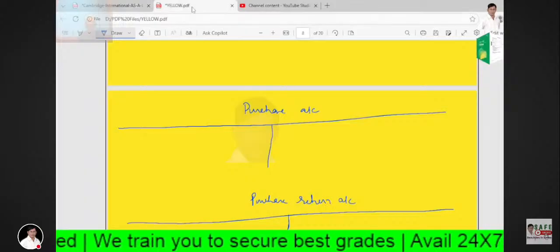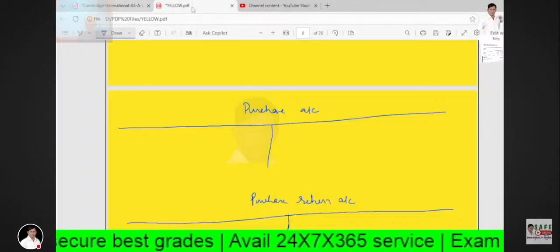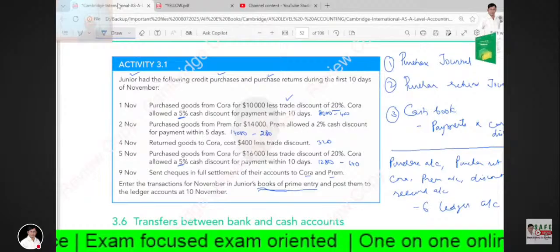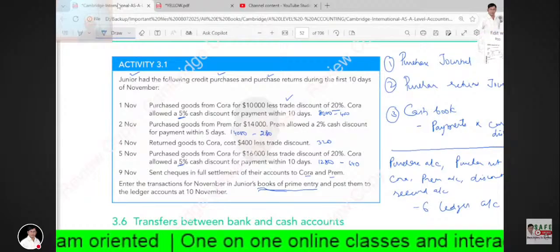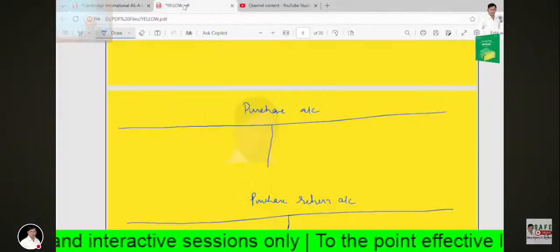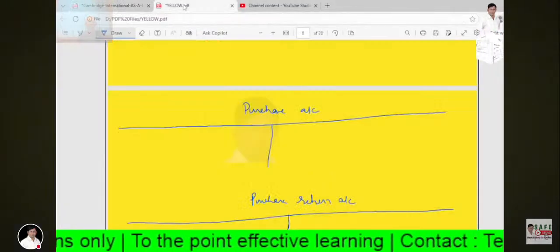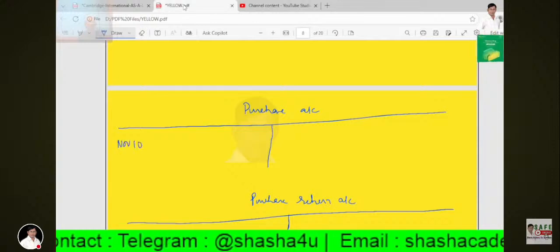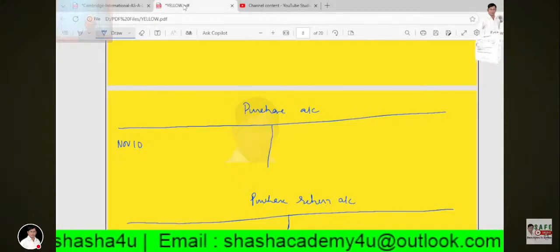So first we prepare the purchase account. We have to post all the transactions on 10th November. So November 10th. What is the date?